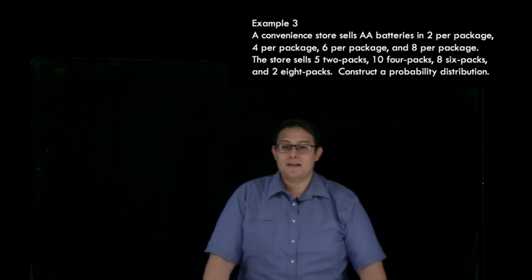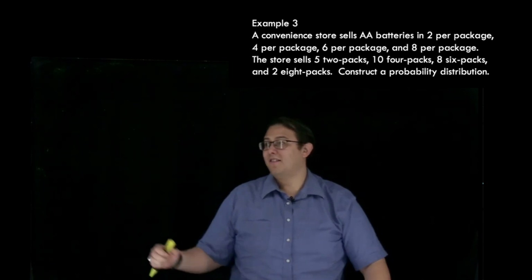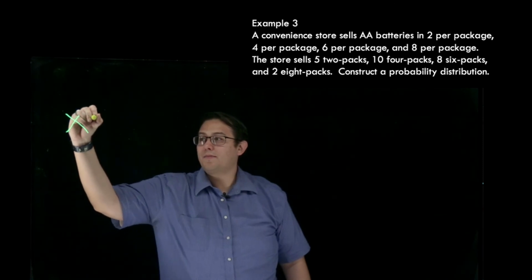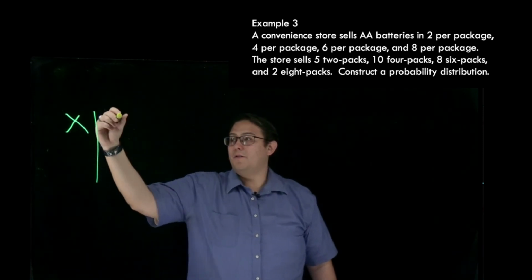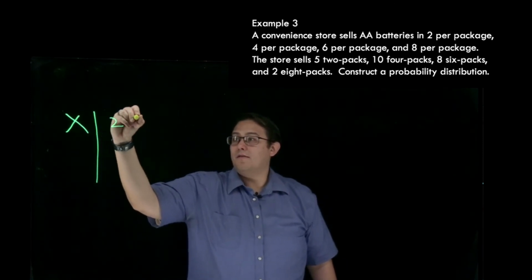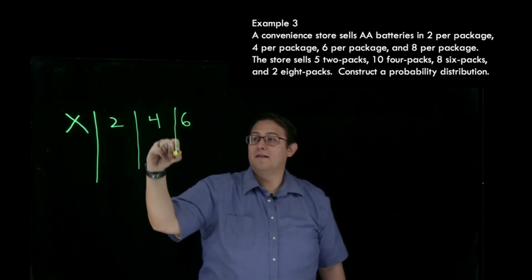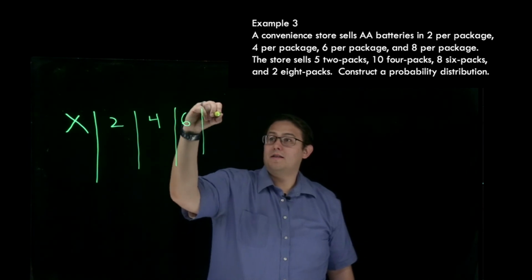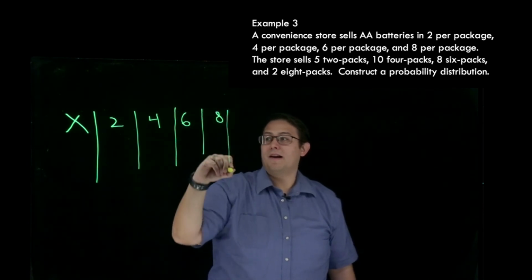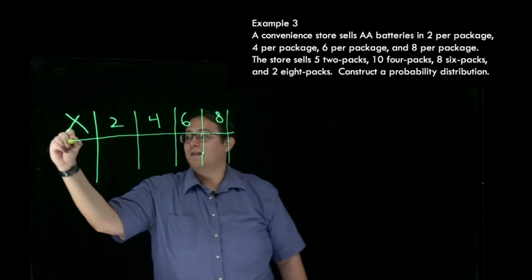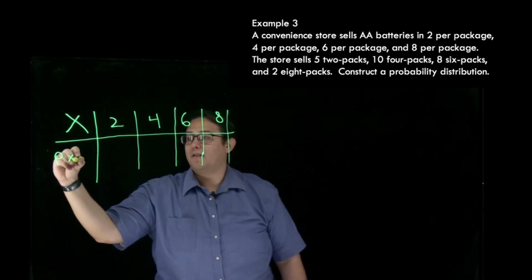So X is going to be the number of packs that we sold. So we could sell a 2-pack, or a 4-pack, or a 6-pack, or an 8-pack. Those are all the different packs we can sell. And then we want to know their corresponding probabilities.